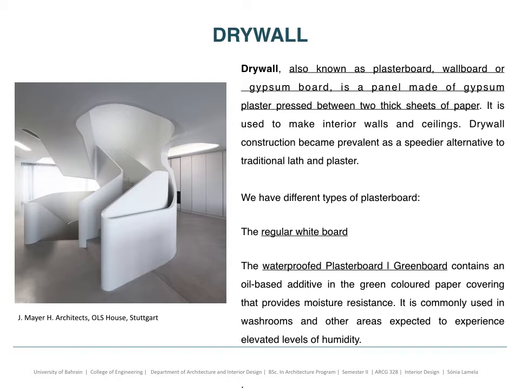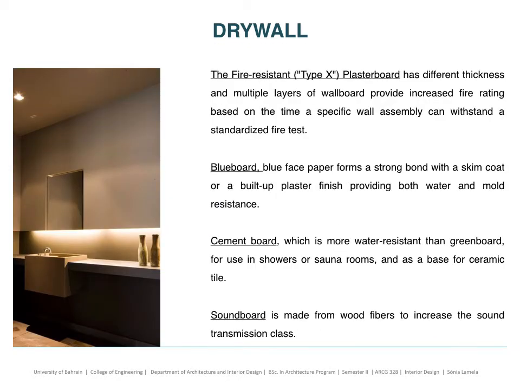So the second type is the waterproof plasterboard, the green board, and it contains an oil-based additive in the green paper that covers it and provides moisture resistance. So usually it's good to use in areas related to water, like bathrooms and kitchens, because they resist high levels of humidity.